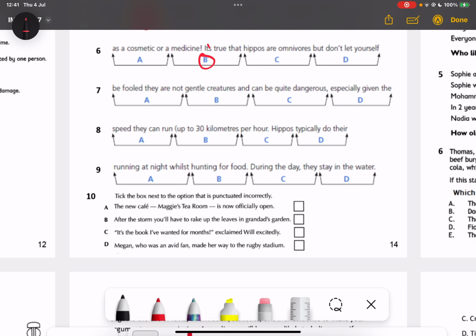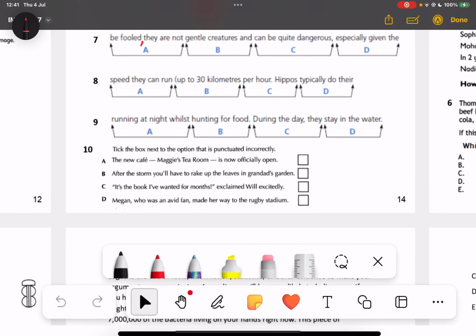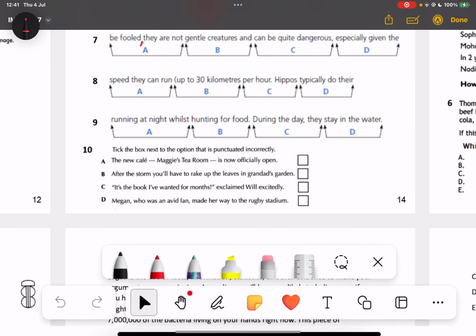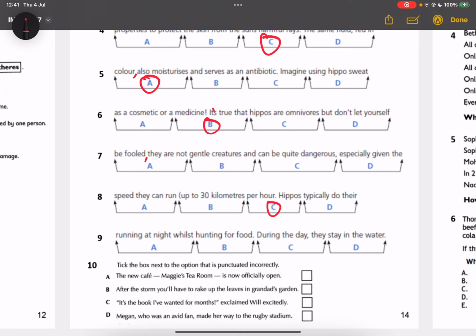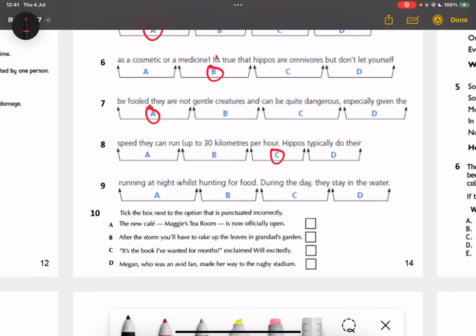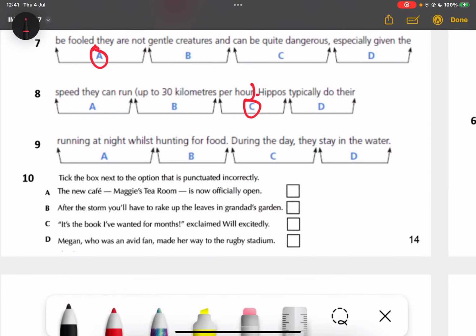This will be comma. They are not gentle creatures and can be quite dangerous, especially given the speed they can run, bracket, up to 30 kilometers per hour. Hippos typically do their running. So this one for 8 is going to be in C, because there should be a closed bracket.